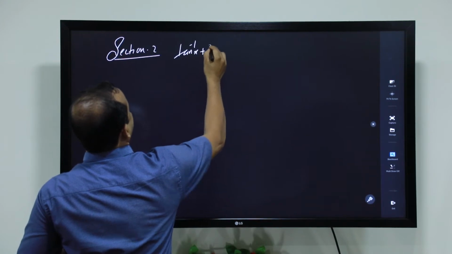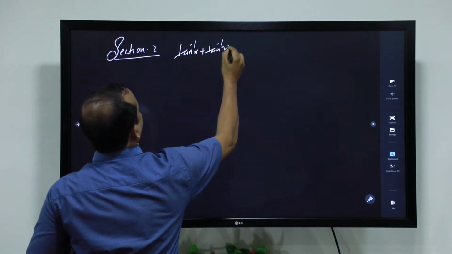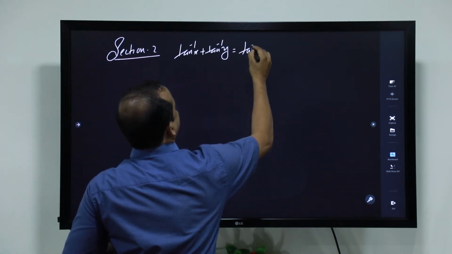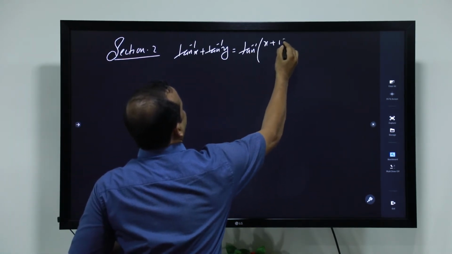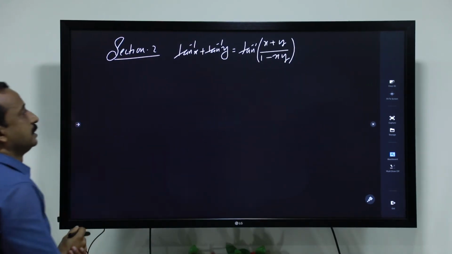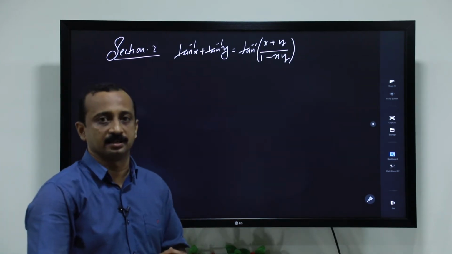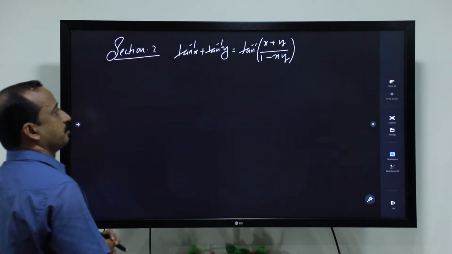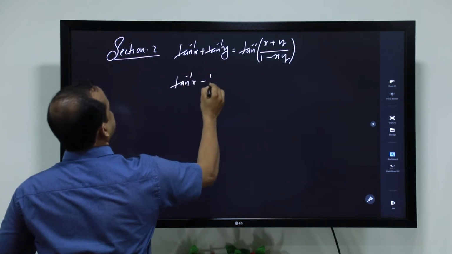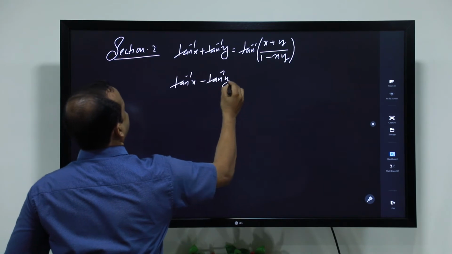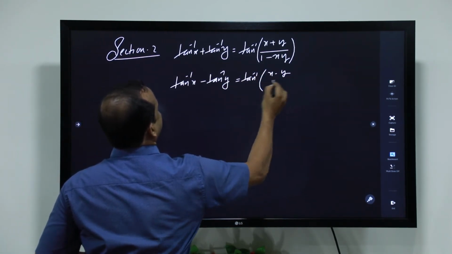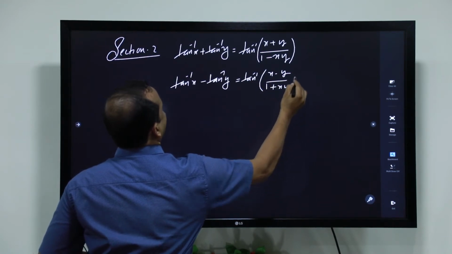Tan inverse x plus tan inverse y is equal to tan inverse of x plus y divided by 1 minus xy. And the second formula: tan inverse x minus tan inverse y is equal to tan inverse of x minus y divided by 1 plus xy.